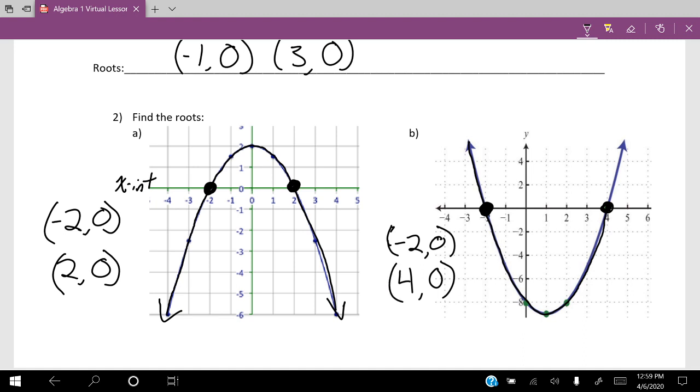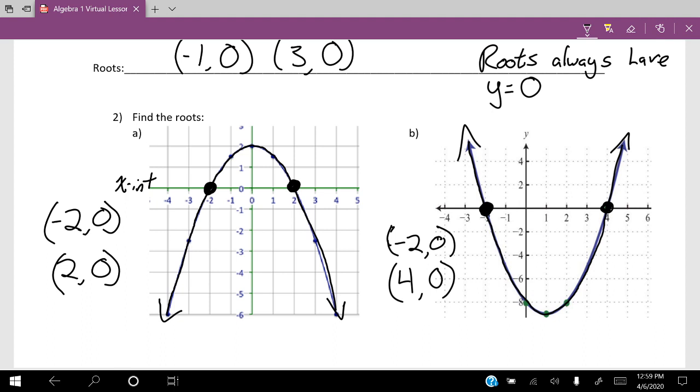And now one thing you probably have recognized is that anytime we write a root, y equals 0. Roots always have y equals 0. Let me write that down. Roots always have y equals 0.